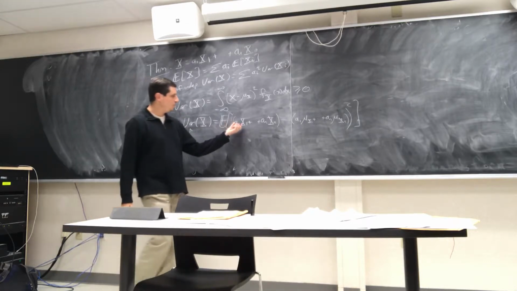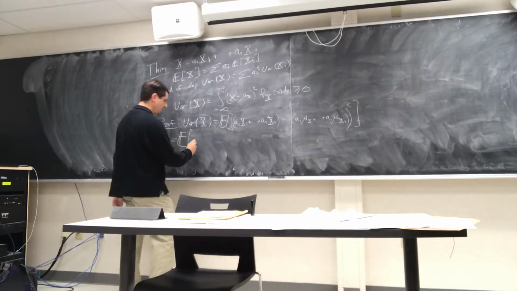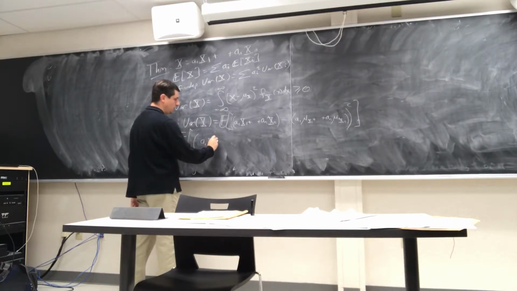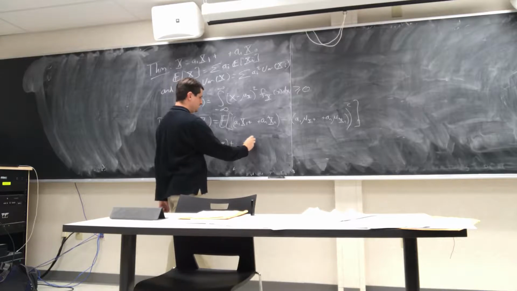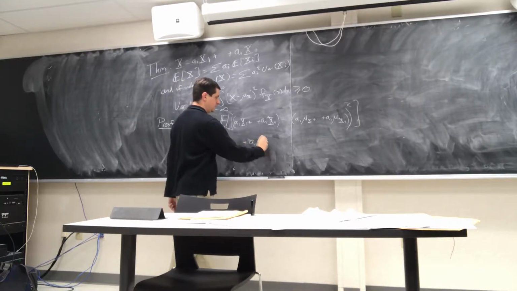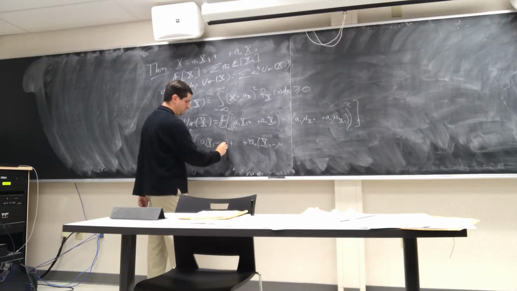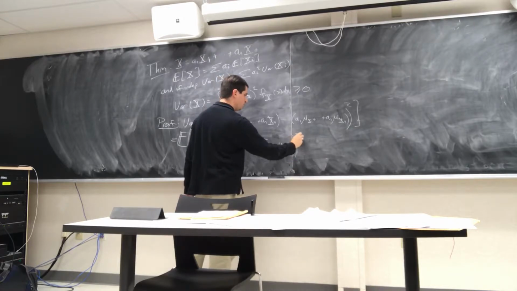If I've got an a1 x1 and an a1 mu of x1, let's group those together. And so you'll get a1 times (x1 minus mu1), and I'll put the a1 outside, plus dot dot dot, plus an times (xn minus mu xn), and I square the whole thing.